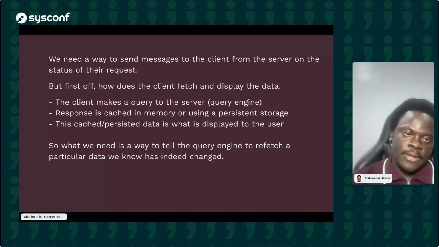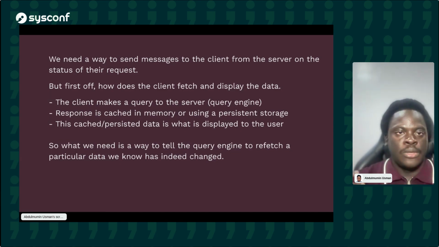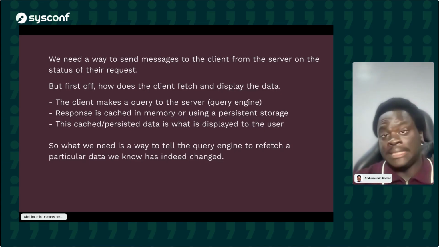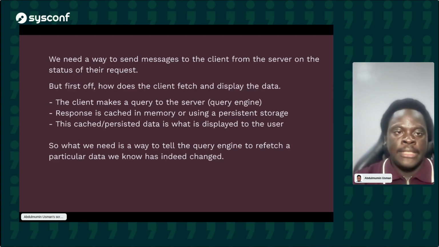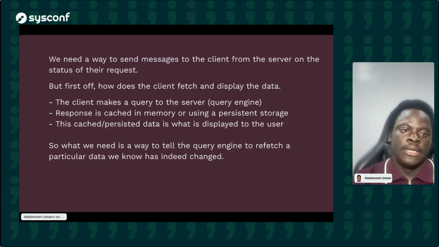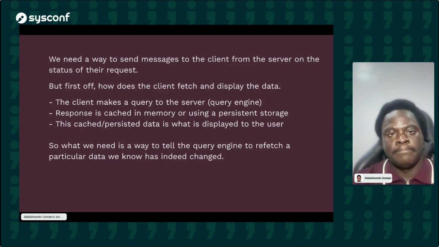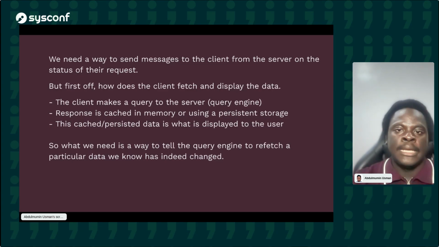But first, we have to look at how the client fetches data and displays the data. The client has a query engine that queries the server. Then your response is usually cached, in memory or using persistent storage.